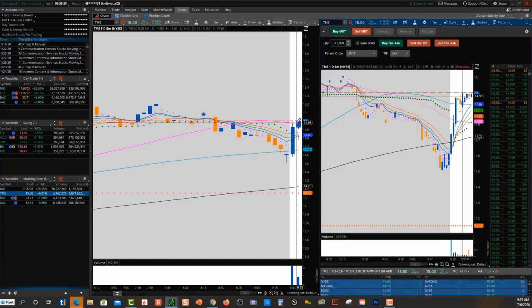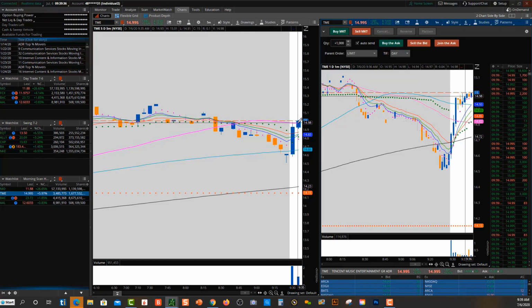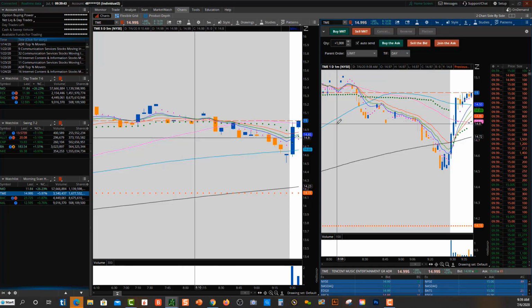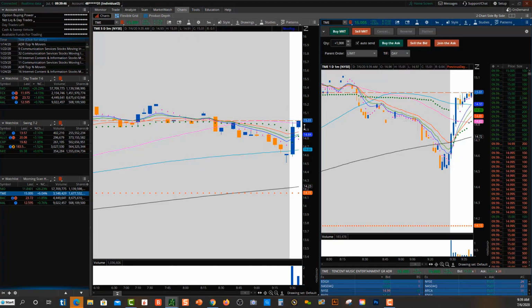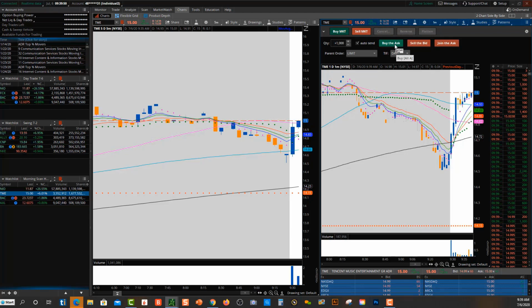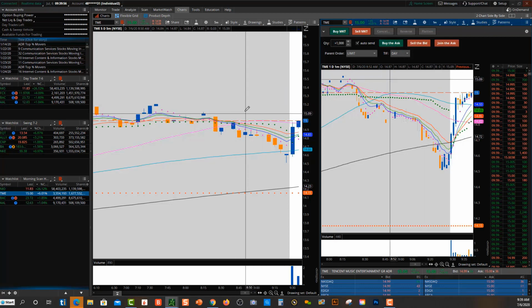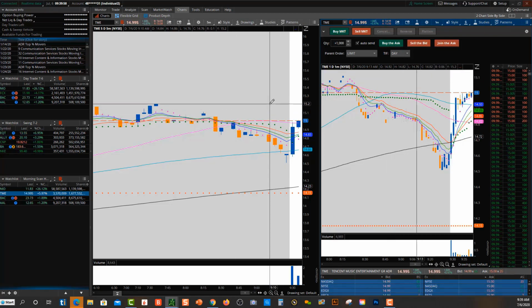So again, want to see price hold. Many times a 5-minute candle will form and then touch back down, give back part of the candle before it continues up. Or it'll give it all back and fall right back down. So we're going to watch this 15.01-ish area, another 12 seconds or so on the candle. Again, looking to do a possible scalp up to that 15.10 to 15.20 area.